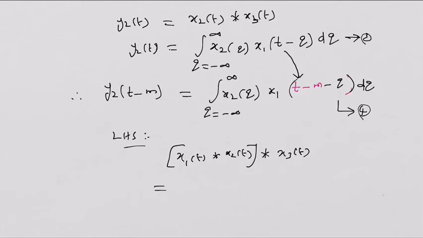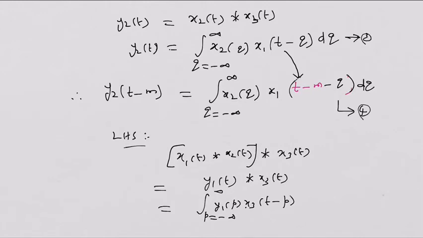So I can simply represent the convolution of x1 of t and x2 of t as y1 of t, and the result is convolved with x3 of t as usual. So you can notice that the result of convolution will normally be represented as, say for example, the integral with p varying from minus infinity to plus infinity, y1 of p into x3 of t minus p into dp.